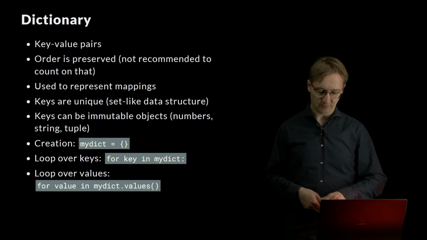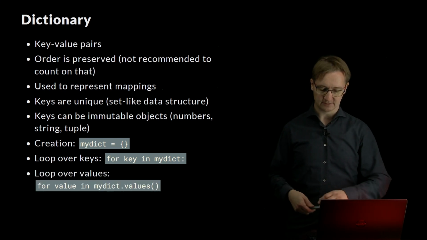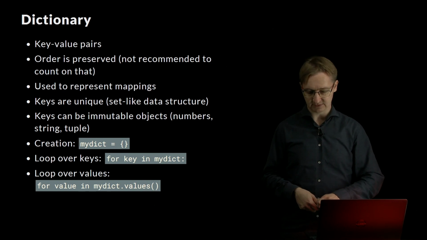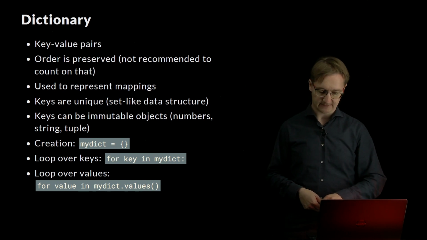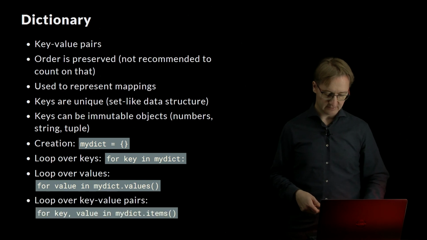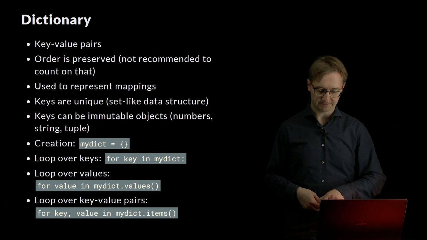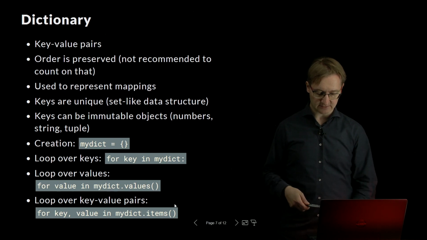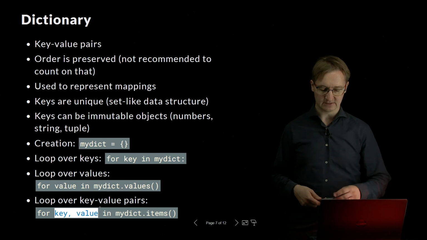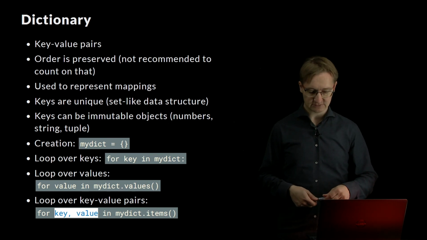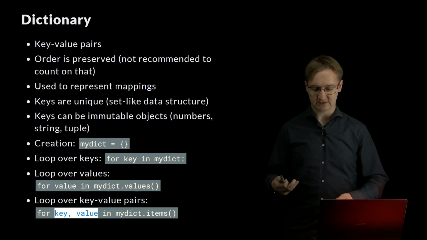If I want to loop over the values, then I can write a loop that uses the values method from the dictionary. I can also get key value pairs. So in this example, my dict items gives me a tuple of key and value, and here I unpack it into key and value variables. So inside this loop, I can use both key and value.